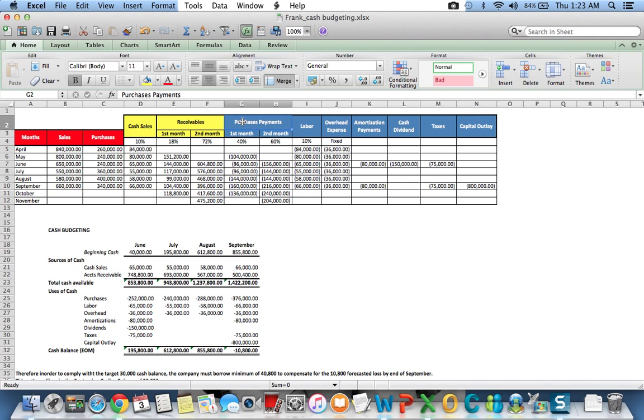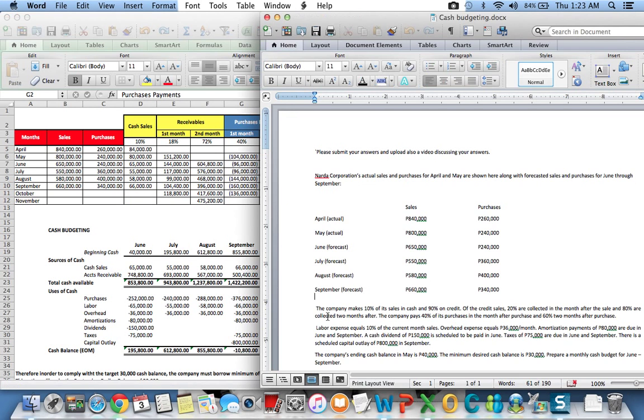Monthly purchase payments. Next, the company pays 40% of its purchases in the month after purchase and 60% 2 months after purchase.